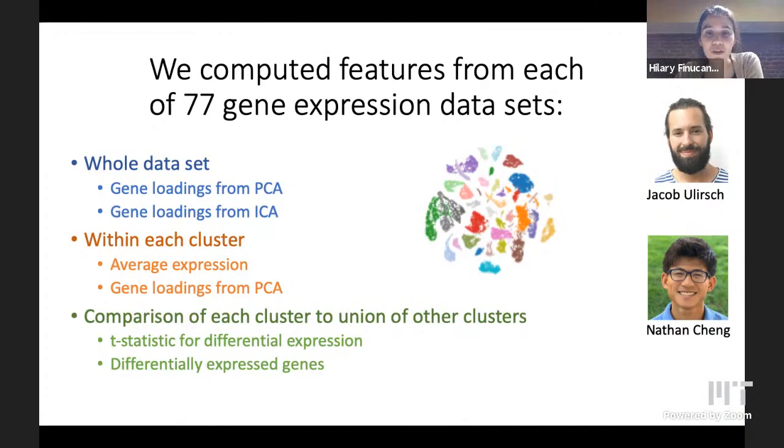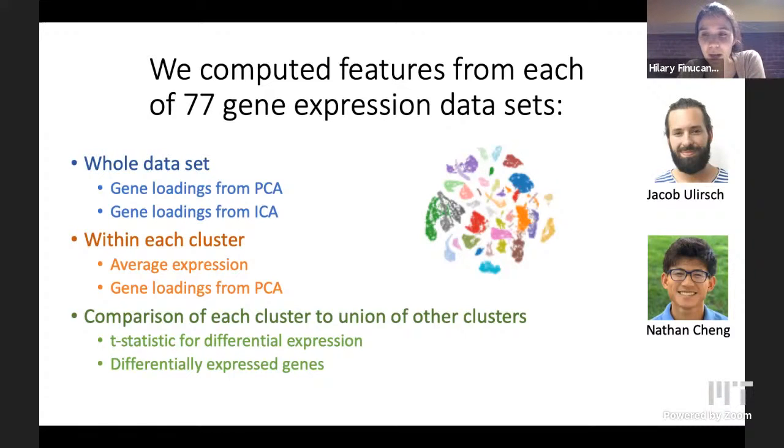And then to featurize a gene expression data set, what they did was PCA and ICA gene loadings from the whole data set, followed by clustering, followed by average expression and PCA loadings within each cluster. Within-cluster PCA, followed by a comparison of each cluster to the union of all other clusters using both a quantitative statistic and then a threshold for differentially expressed genes.